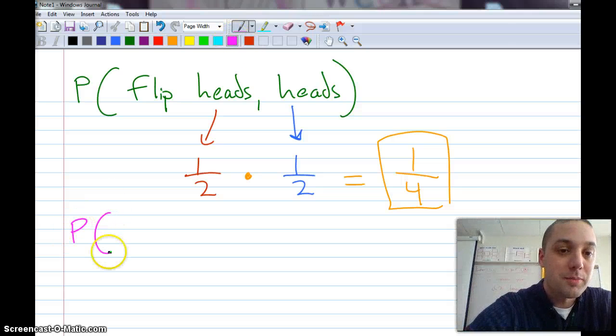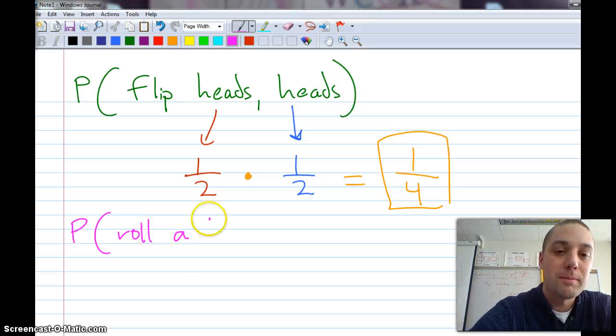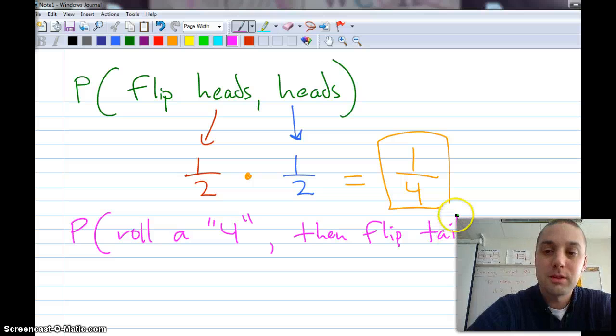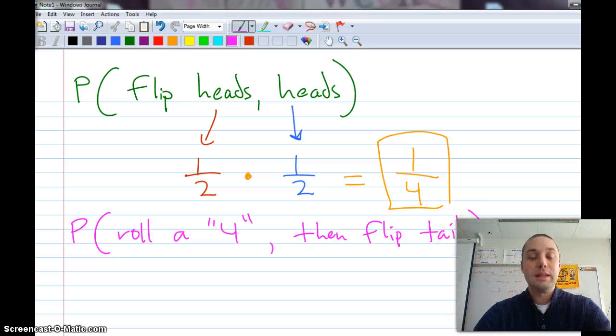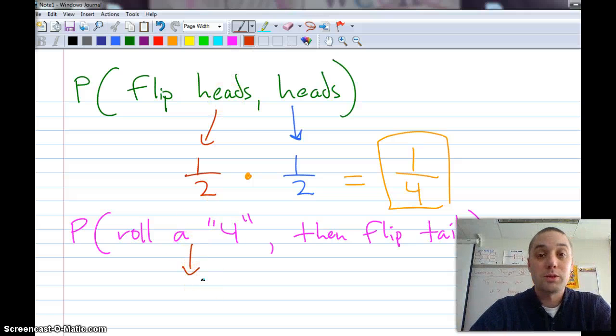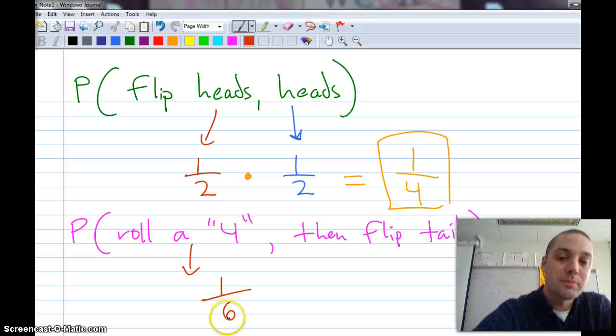Let's say that I've got a dice with 6 sides and I roll a 4. Then I pick up a coin and flip tails. Those are independent events because the rolling of the dice has nothing to do with the flipping of the coin. So we find the probability of each one. The probability of rolling a 4, well, there's one 4 out of 6 sides, so that would be 1/6.